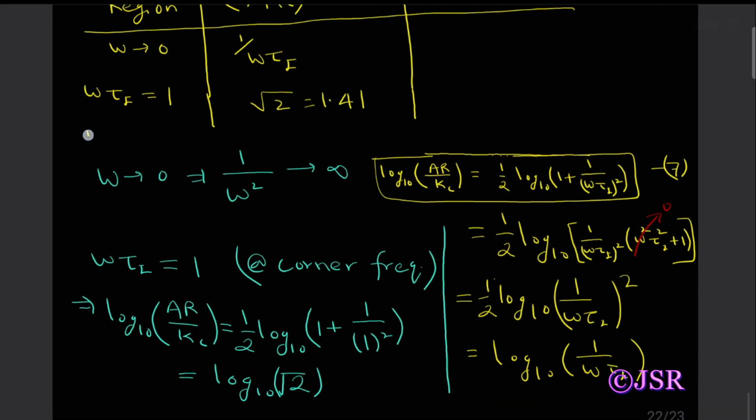So therefore when omega tends to infinity, AR by Kc tends to 1.